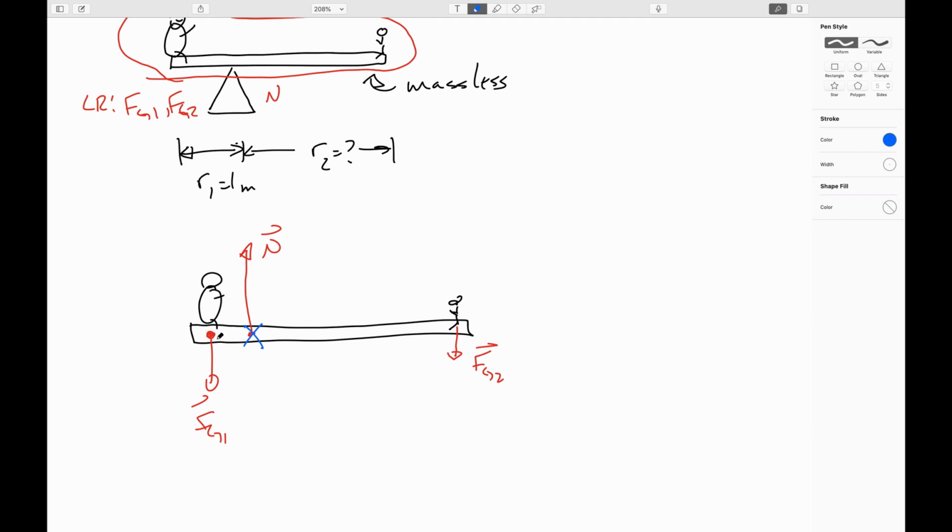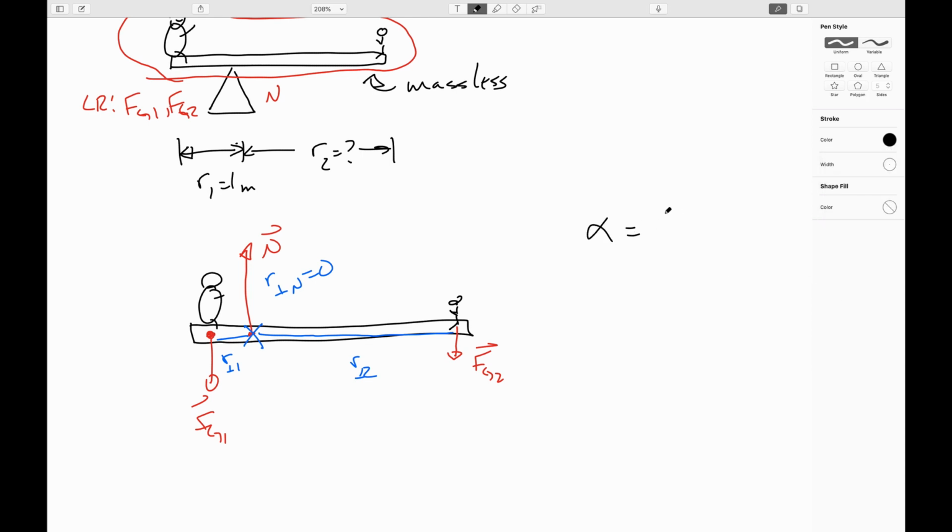So then we can go ahead and label our lever arms, like so. And again, here, the lever arm for the normal force is 0 because the line of action goes right through the axis. So there will be no torque due to the normal force. So we can start with Newton's second law applied to rotations here.